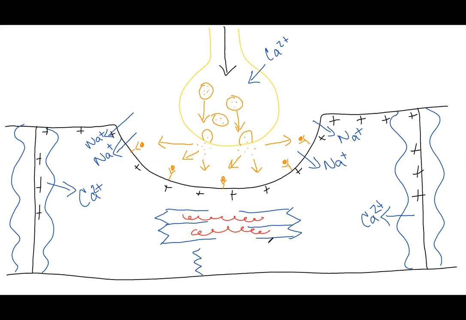And it can push the actin filaments towards the midline. And that sarcomere can get shorter. And that's our contraction. And if this happens, the entire muscle cell contracts and gets shorter.